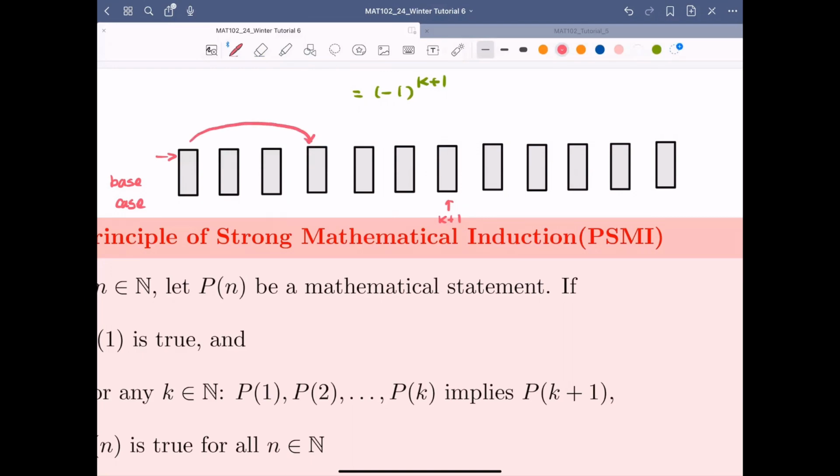For example, this one only implies this one, and this one only implies this one. So P of k implies P of k plus 2. In this case, the smallest term that you can prove using induction will be this one. Because before it, there is nothing to push them. There is nothing to imply them. In this case, you need three base cases.